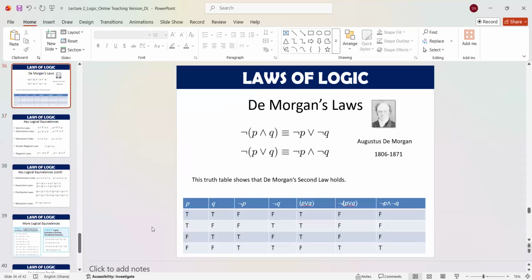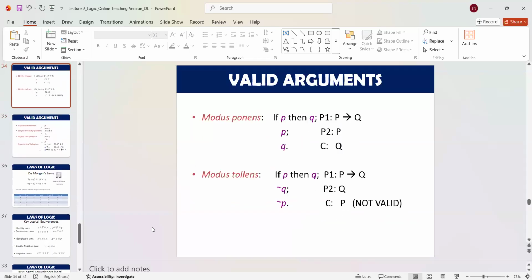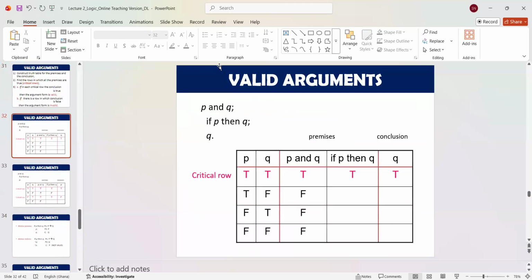All you need to know are the use of the connectives and the drawing of the truth table, and basically that is enough to prove that a statement is valid. Okay, so I'm done. Any questions, any contributions, any comments from this?